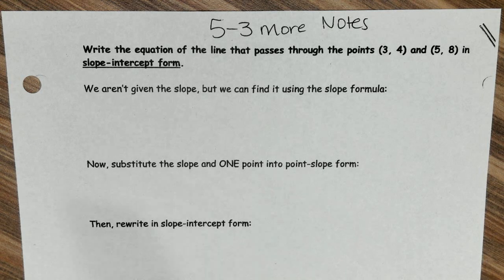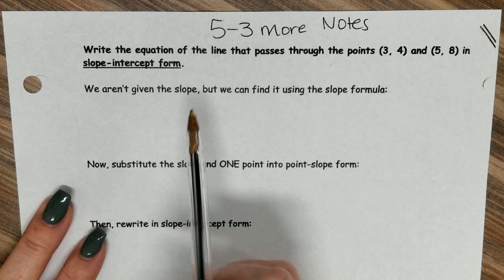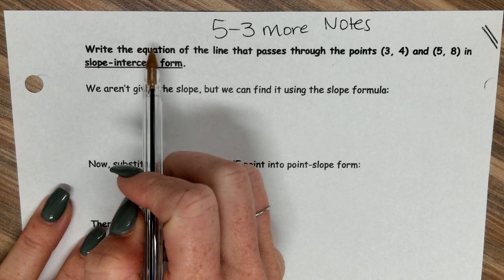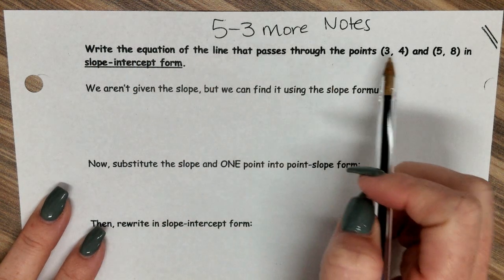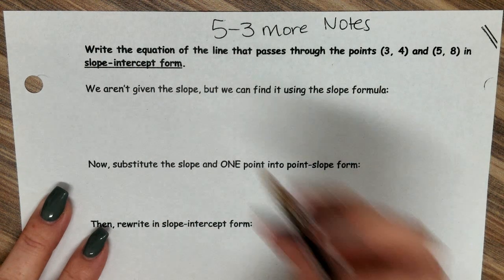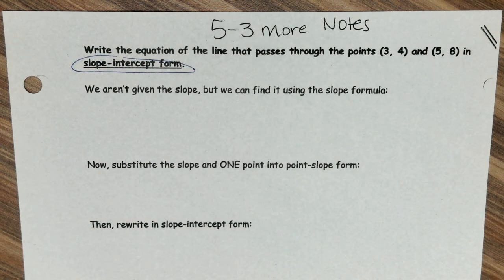All right, so let's look at the direction. You guys watch me read directions. Write the equation of the line that passes through the points in what form? Slope-intercept. That means y equals mx plus b. Could we just use stat?